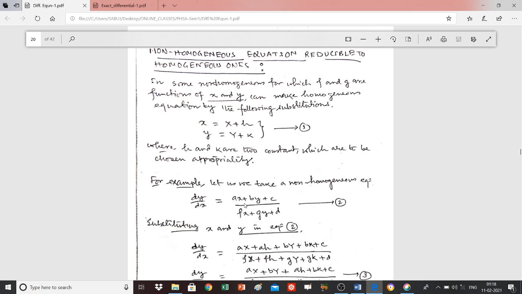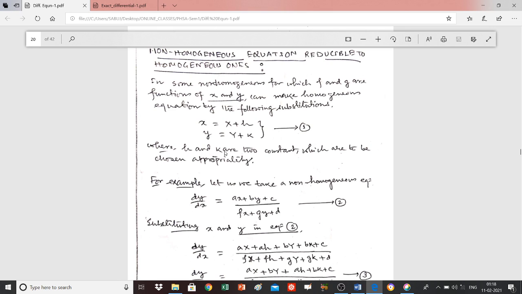And to solve this type of differential equation you first need to reduce or convert it into a homogeneous equation. Once it is converted into a homogeneous equation, then it will not be very difficult to solve that differential equation. So let us start. Let us substitute x is equal to capital X plus small h, and small y is equal to capital Y plus k.